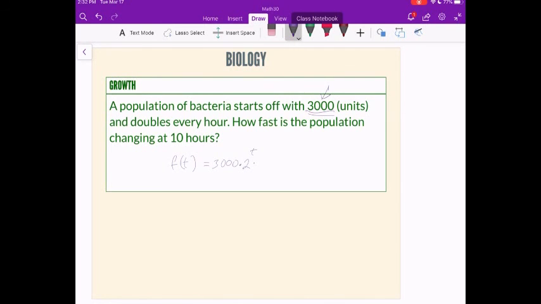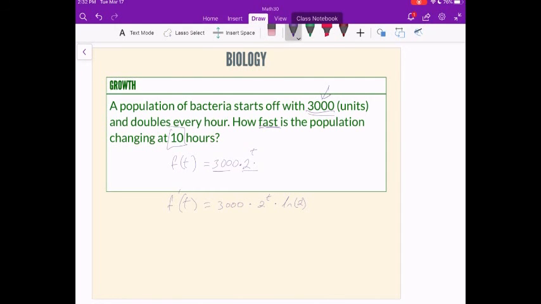So this is our function, but because it's asking how fast is the population changing, we need to find the derivative of this. So I'm just looking at the 3000 and calling that a constant multiple, so it's going to come along for the ride. Now, if we take the derivative of 2 to the t, that is 2 to the t, but since it's an exponential function, that is multiplied times the natural log of 2.